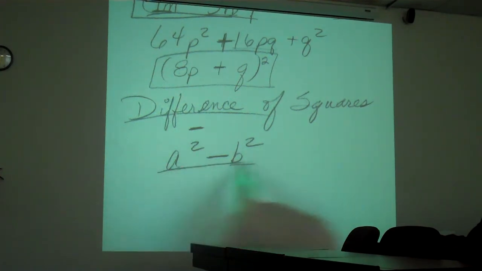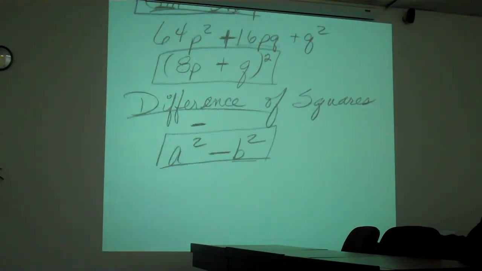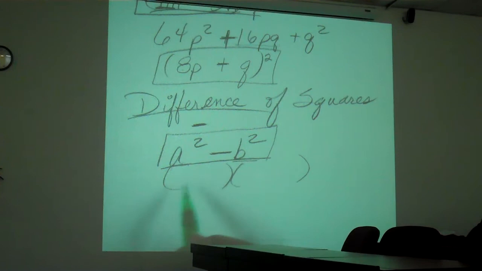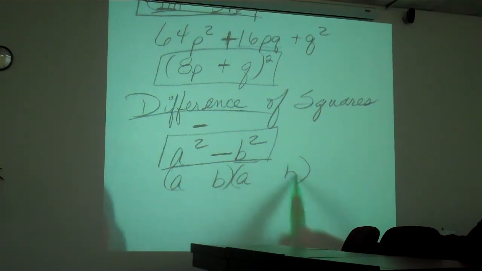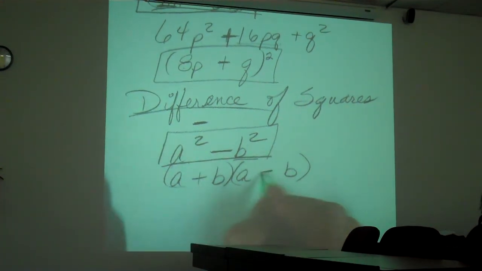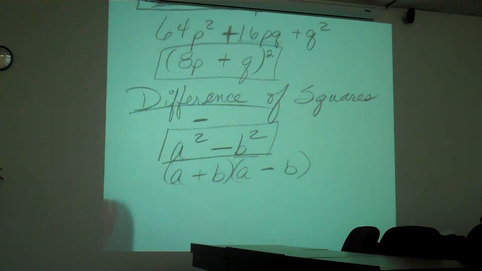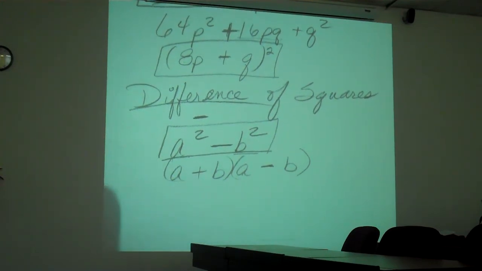Anytime you see a difference of squares, it's going to factor into, we know a squared is a times a. We know b squared is b times b. For there not to be a middle term, it had to cancel out. There had to be a positive and a negative. Okay? The baby likes this one better too. So it's unanimous, this is the best one.